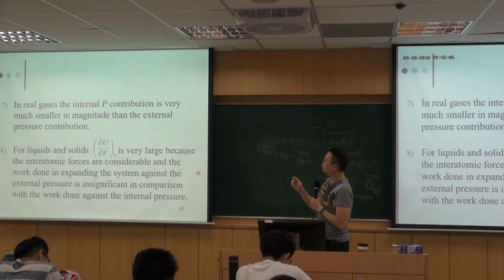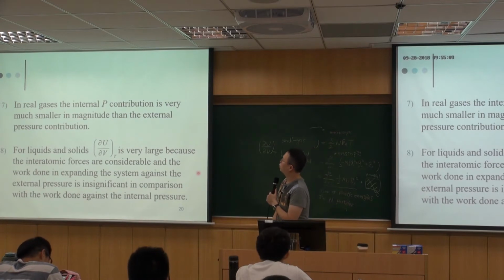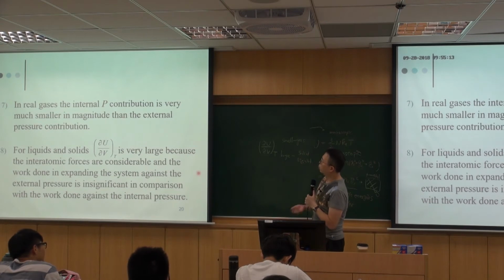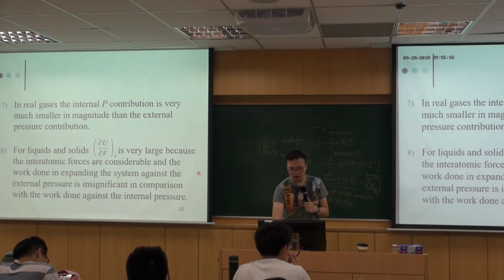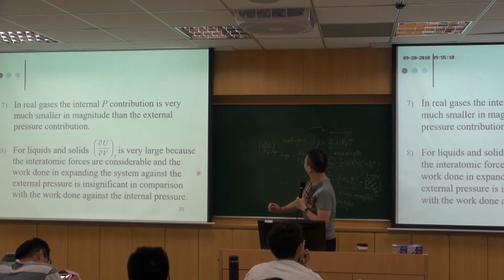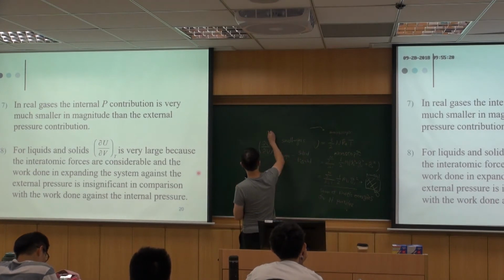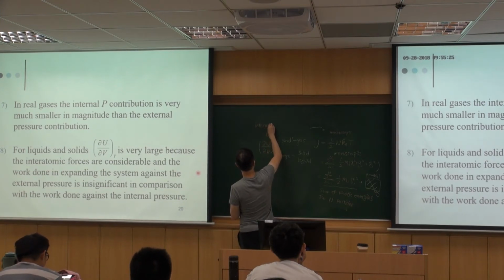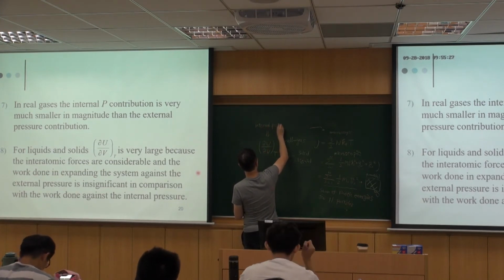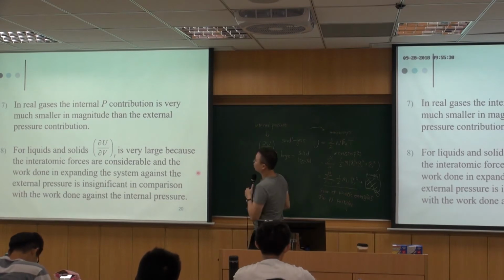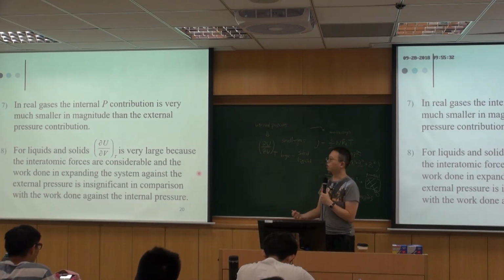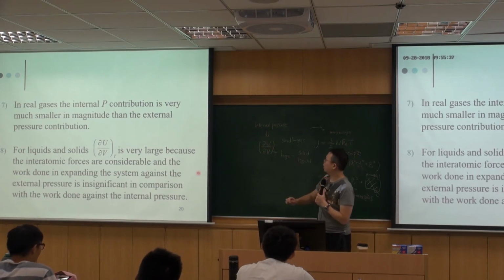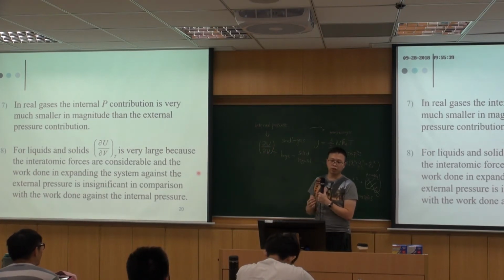So in an ideal gas, the internal pressure contribution is very much smaller than the external one. And the internal pressure here means this thing. So in the textbook, when you read about this paragraph and they talk about internal pressure, it means this change of internal energy with respect to volume change.